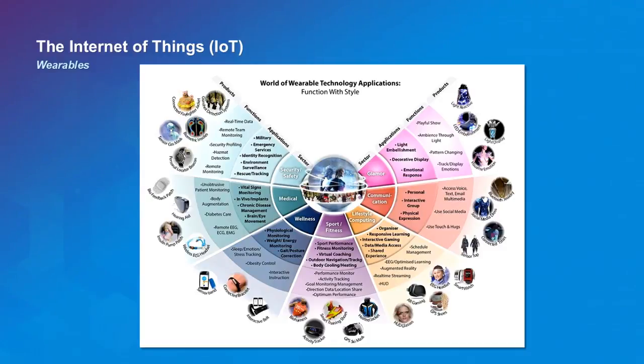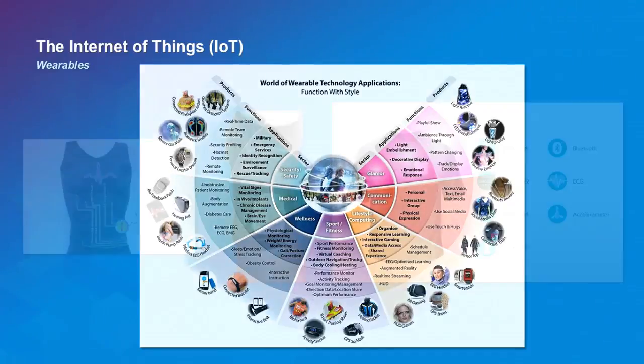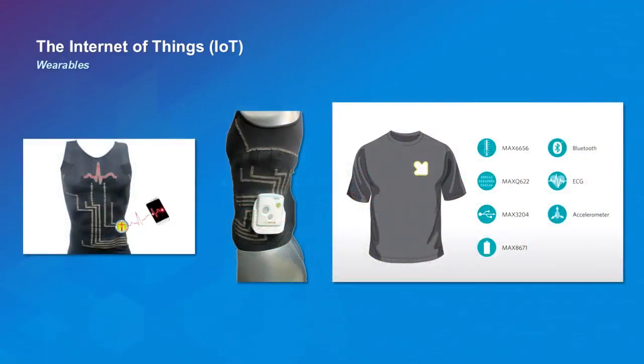This one shows different sectors of wearables. Just skim the chart quickly and see where you want to fit in. Here is an example of how a wearable might work. The left picture shows the circuitry embedded into the garment directly. At the end of the circuitry, you can attach a device that might measure heart rate or motions in different directions, speed of motion, direction as well.